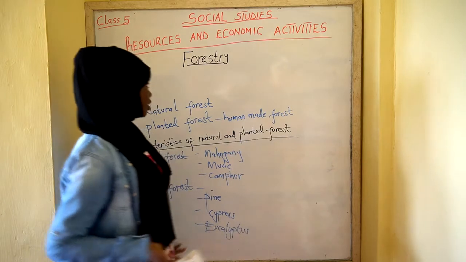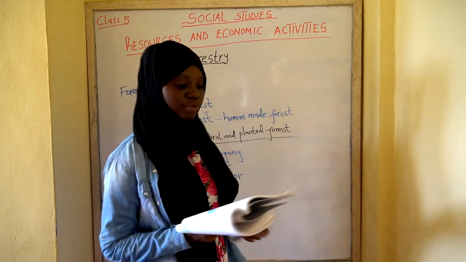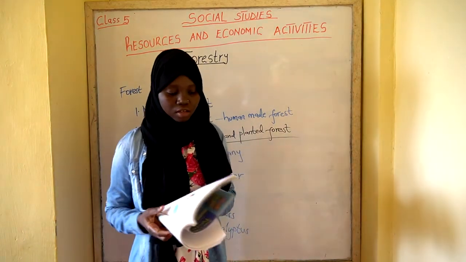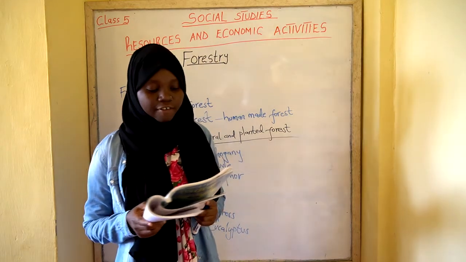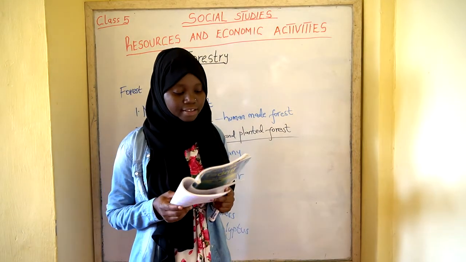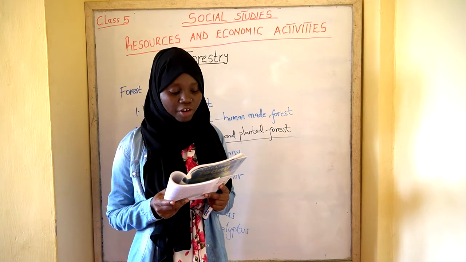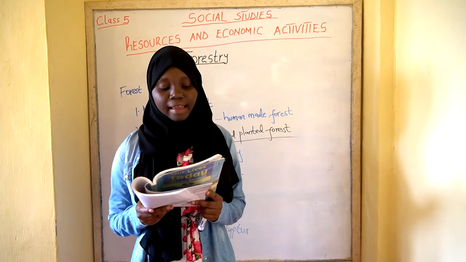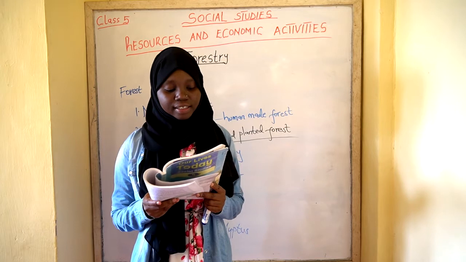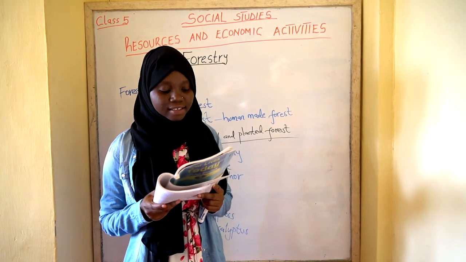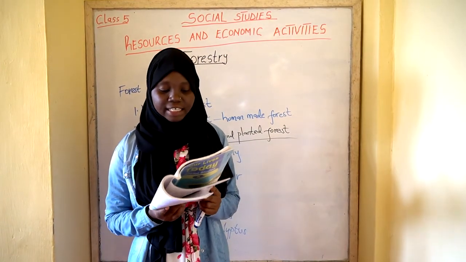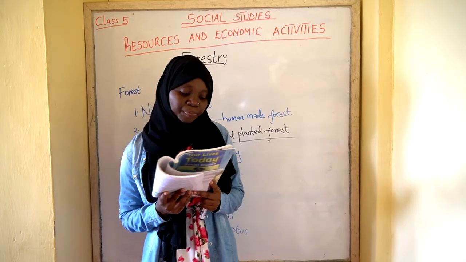Okay, next we are going to look at the distribution of forests. Natural forests are found in the following areas. First, highland forests are found on the slopes of Mount Kenya, Mount Elgon, Cherangani Hills, the Aberdare and Mau ranges, and in Kakamega.